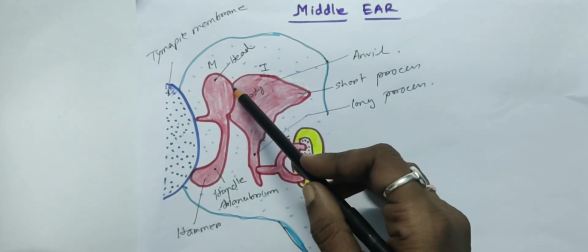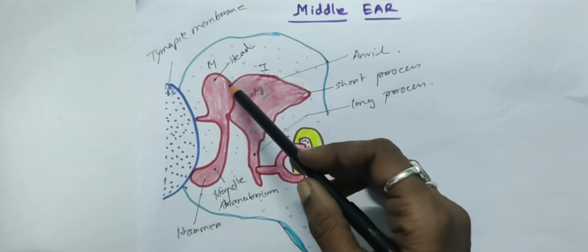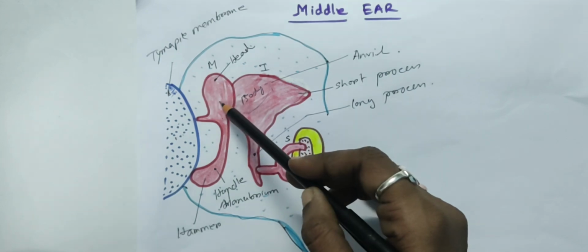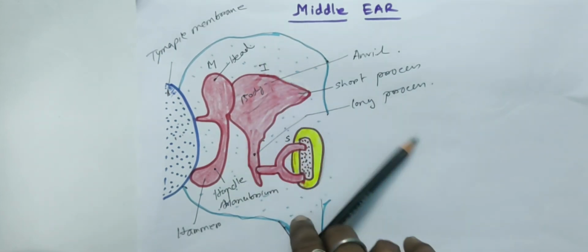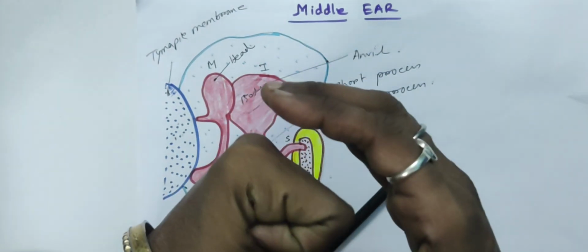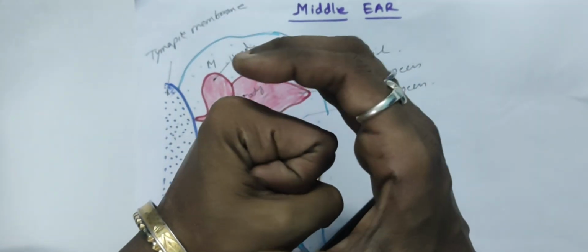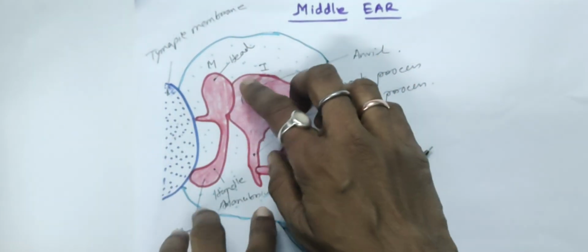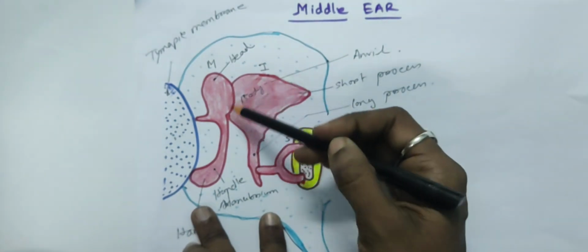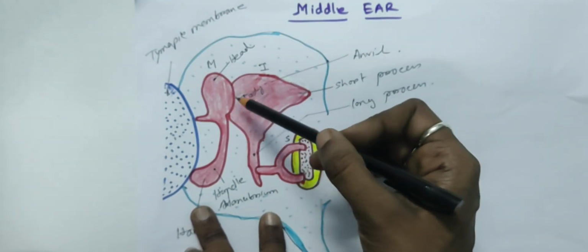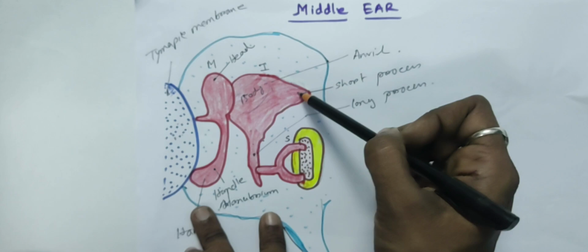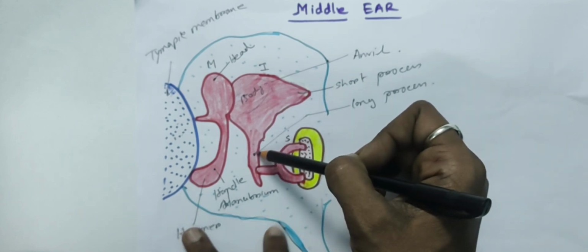The body articulates with the head of the malleus. They are not fixed but articulate, forming a socket-like structure that protects and guards this part. Then there is the body, with its short process and long process.